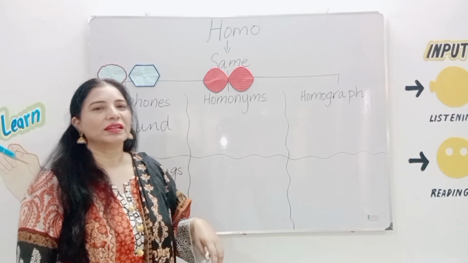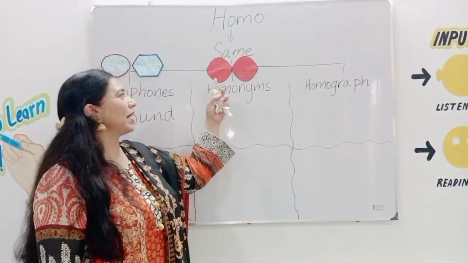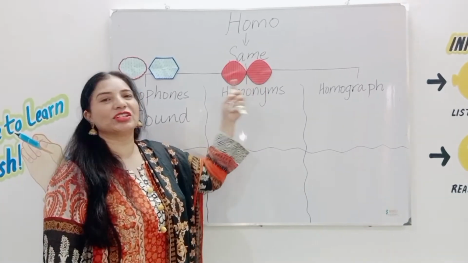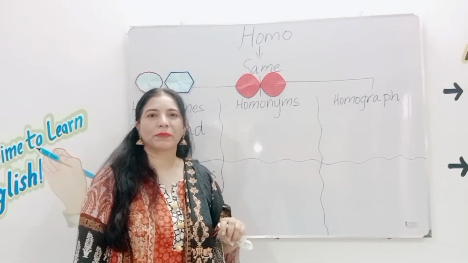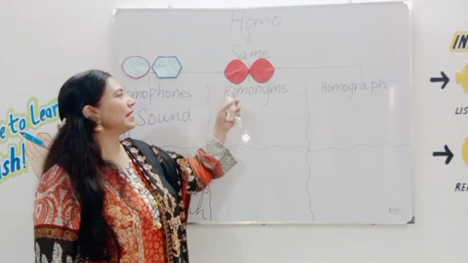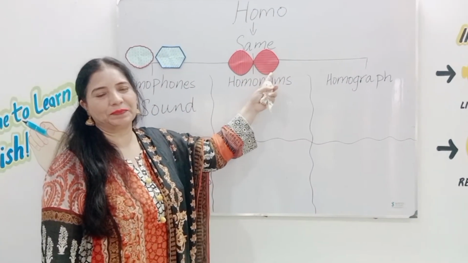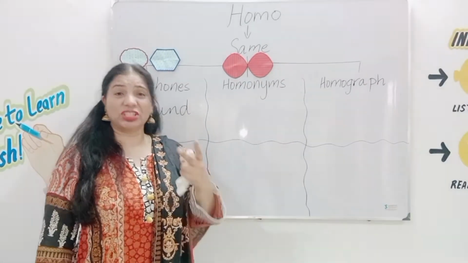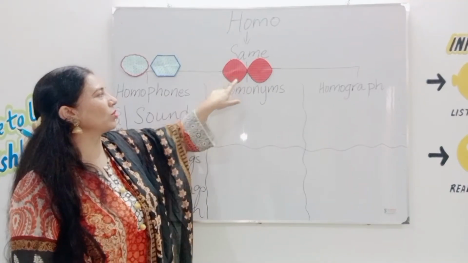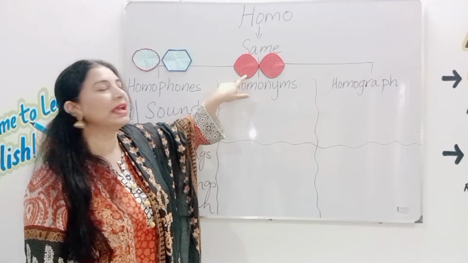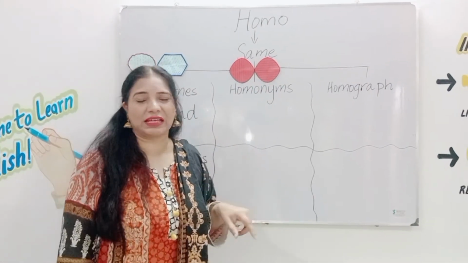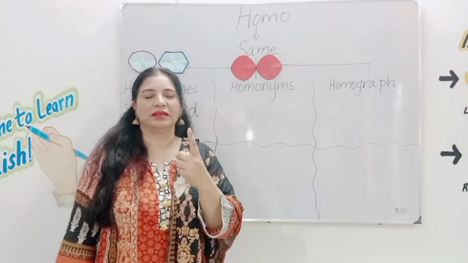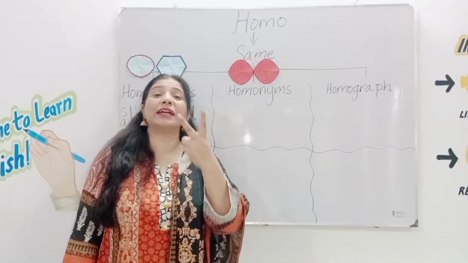Now, dear students and the teachers, if you look at these 2 shapes on the board, what are the similarities and the differences in them? Alright, the similarity is that the color is the same and the shape is also the same. But the difference is that the lines that I have drawn, this has the vertical lines drawn and this has the horizontal lines drawn. So it means that this shape has one difference and two similarities.